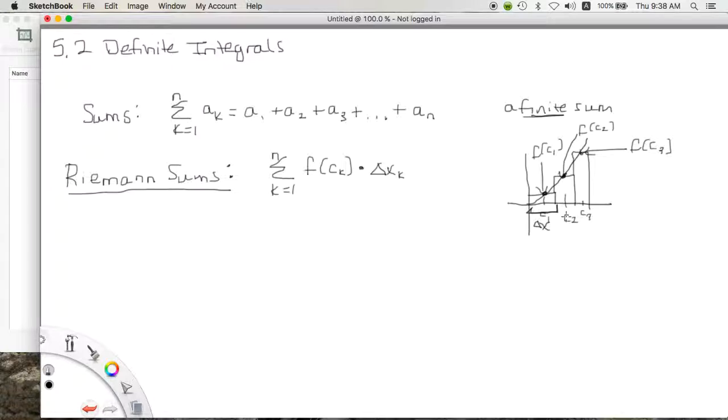Now, we were using equivalent spaces between for each rectangle, but what this tells us is that we don't have to. This equals the function value at C1 times whatever that first delta x is, plus the function value at C2 times whatever that second delta x is, and so on and so forth until you get to the function value at Cn times the delta x n.